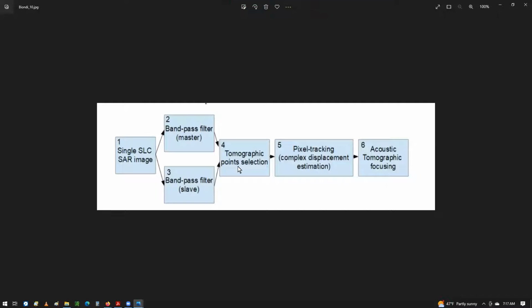First, you make a line across the surface, you measure all those points, then you check each pixel, each particular point is tracked from one instance to the next, and this is extremely important for what they're trying to do. And then you have to reconstruct what's going on inside the pyramid from the surface data, and that's called acoustic tomographic focusing.